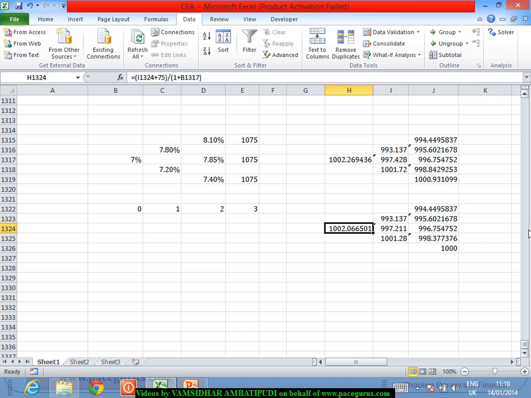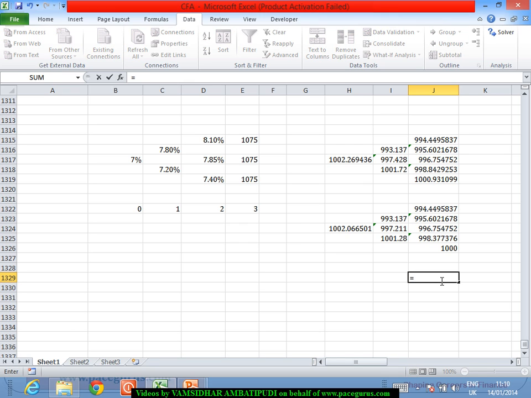So that is the straightforward way of working it out. The other way of looking at the value of the call option is only from a payoff standpoint.